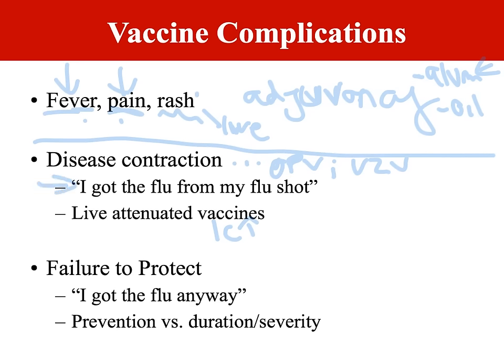I got the flu from my flu shot, and that sentence drives me bonkers. And the reason it drives me bonkers is that, again, most adults get an inactivated, killed flu shot vaccine. So there's a misconception here.